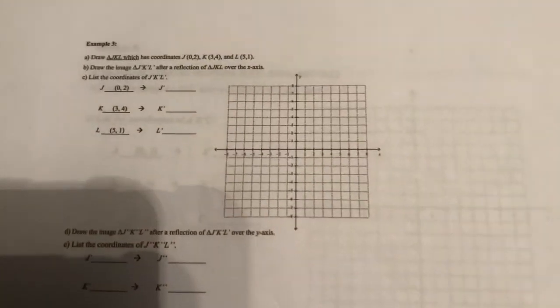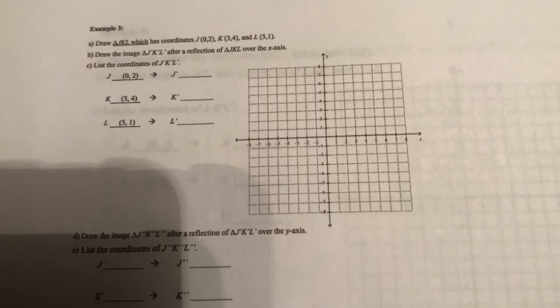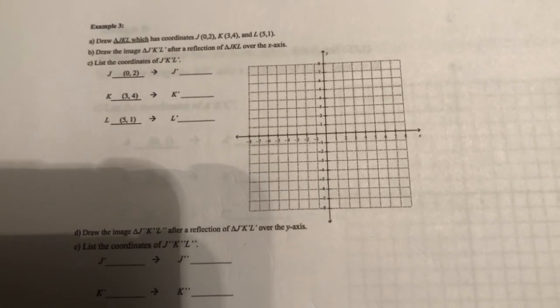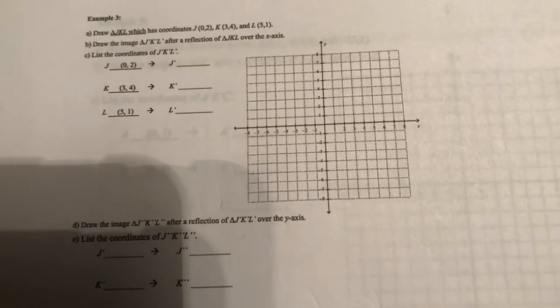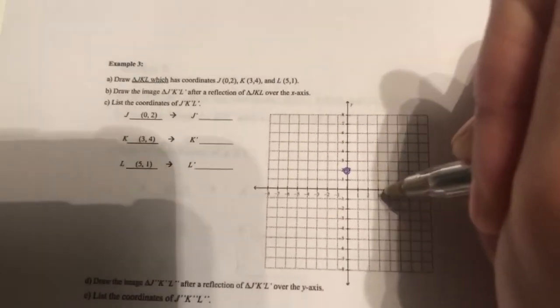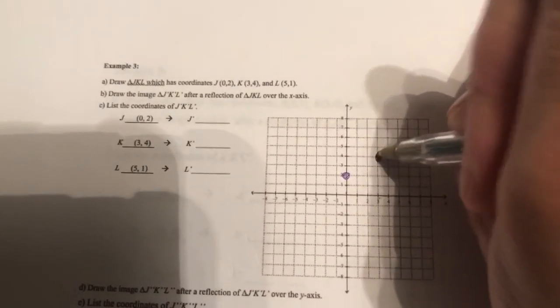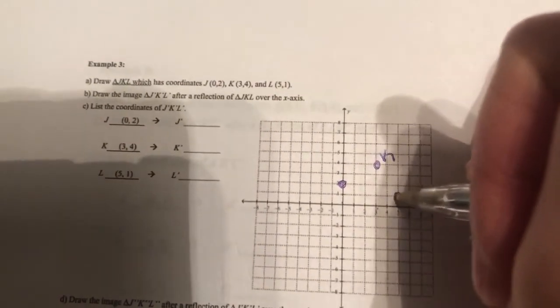Example 3. They asked us, draw the triangle JKL, which has the coordinates J is 0, 2, K is 3, 4, and L is 5, 1. So 0, 2, 3, 4, which is my K, and L, which is 5, 1.